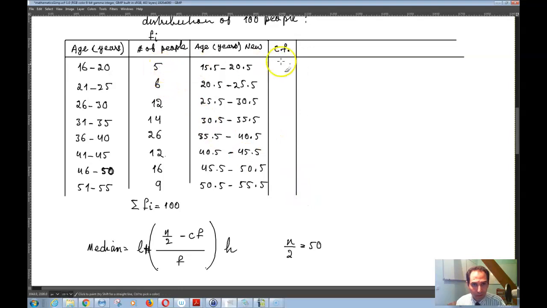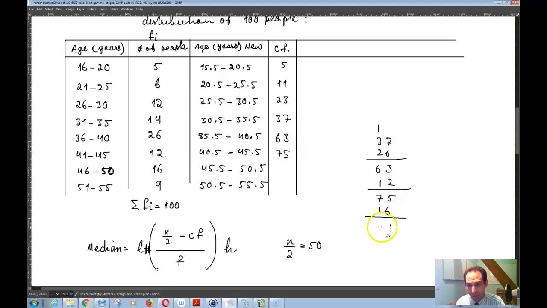So the cumulative frequency over here is 5. 5 plus 6 is equal to 11. 11 plus 12 is equal to 23. 23 plus 14 is equal to 37. 37 plus 26 is equal to 63. 63 plus 12 is equal to 75. 75 plus 16 is equal to 91, and plus 9 is equal to 100.